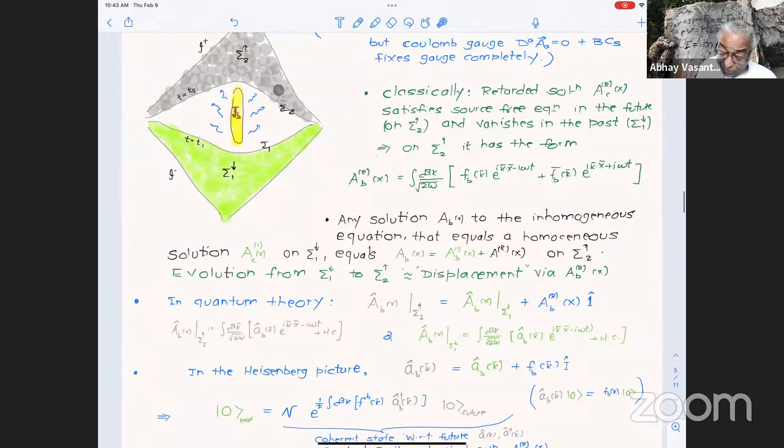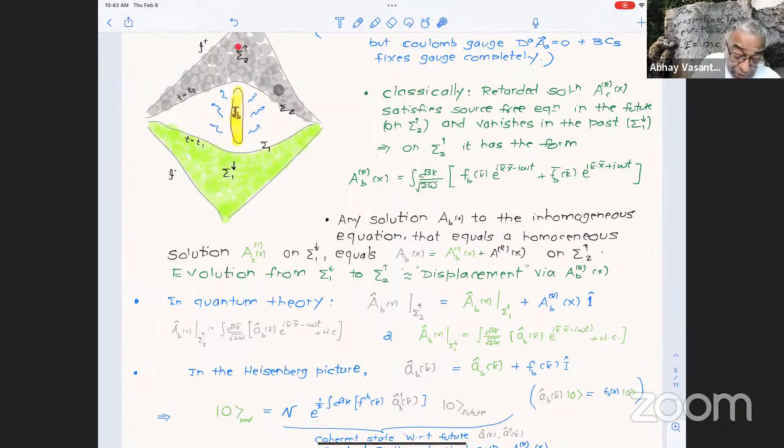Now, take any solution of the inhomogeneous equation, and suppose it agrees with some solution, in green, in the past. This is a solution of the homogeneous equation. Since this is a solution of the homogeneous equation, I can extend it to all of space-time as a solution to the homogeneous equation.